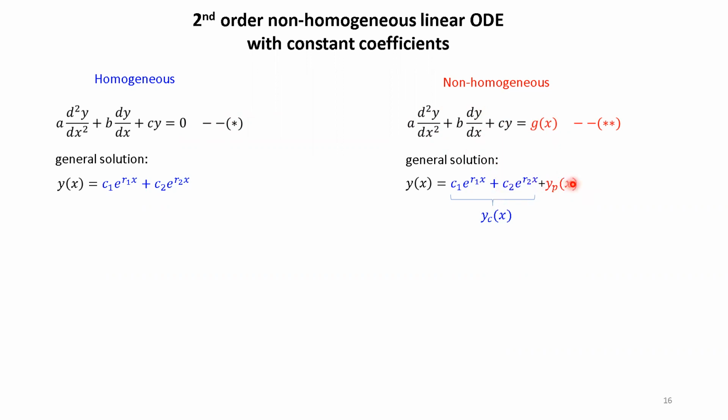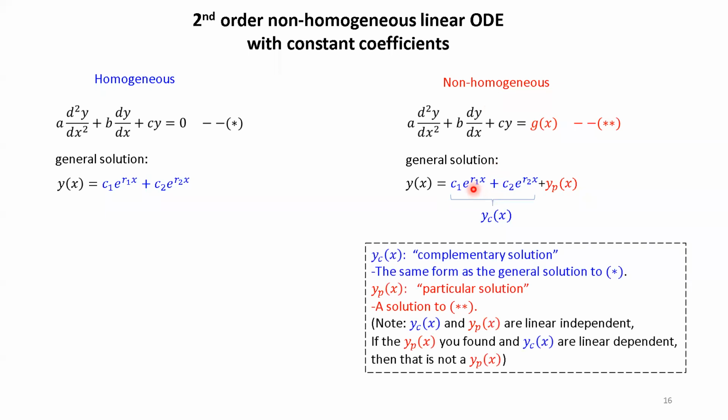The first part, this blue one, is known as the complementary solution. This solution in blue is exactly the same as what I have here. That means this part is just the solution of this equation, but with the right-hand side being 0.